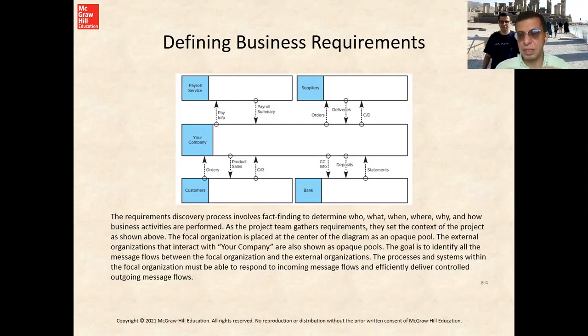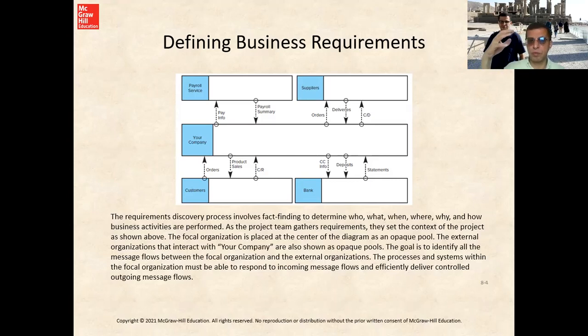The processes and the systems within the focal organization must be able to respond to incoming message flows and efficiently deliver controlled outgoing message flows. So we must look at what's coming from a third party, control it, and efficiently respond to it.